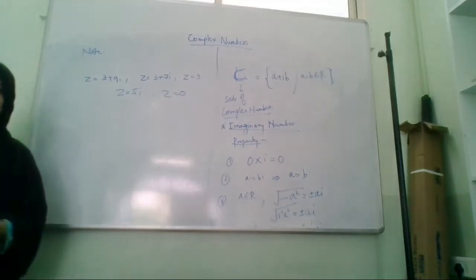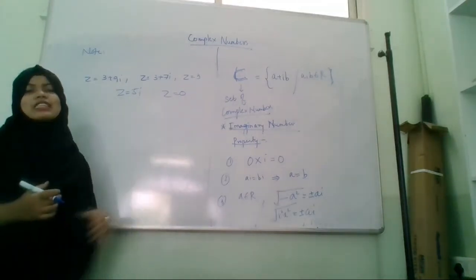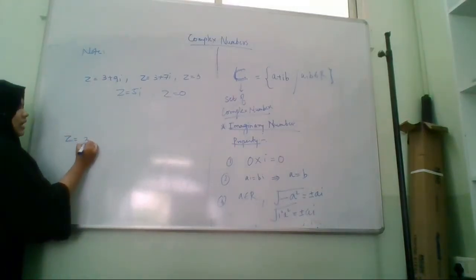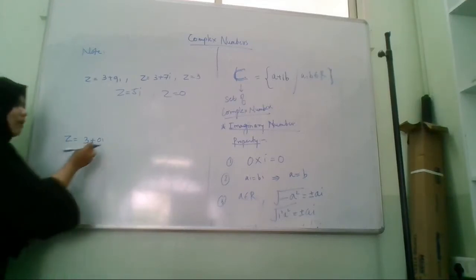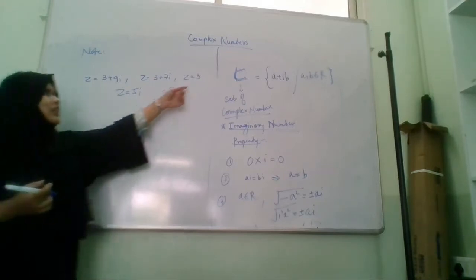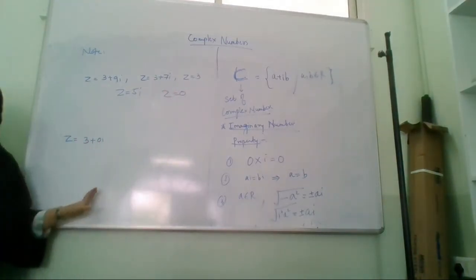But here, z is equal to 3. 3 is a real number, 3 is an integer. But this is a complex number as well. How? Because z can be written as 3 plus 0i. Right? Here the imaginary part is 0. We can express 3 in the form of the complex number 3 plus 0i, as this is also a complex number.